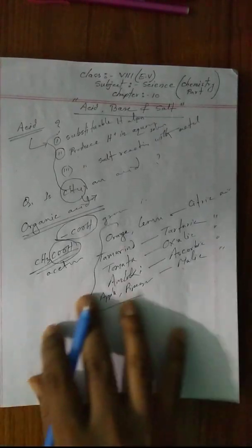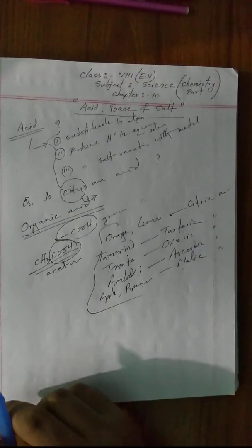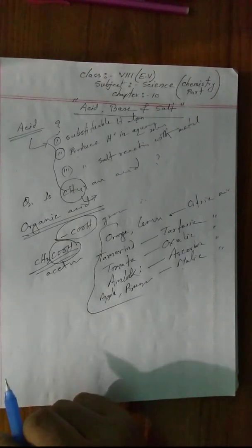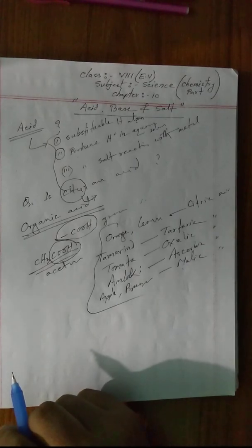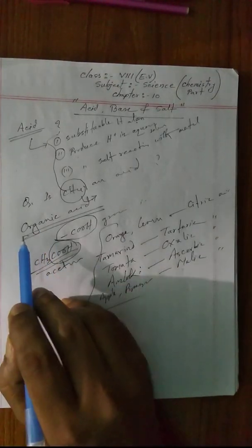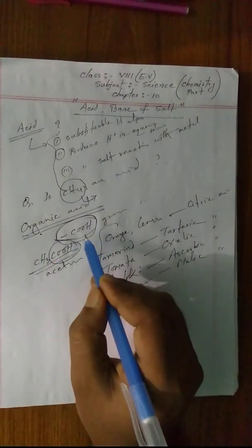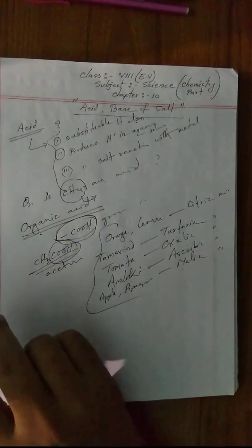Now, how to find out an acid? It is easy to find out organic acid. Suppose this group in the compound, if this group is present, this is acid.